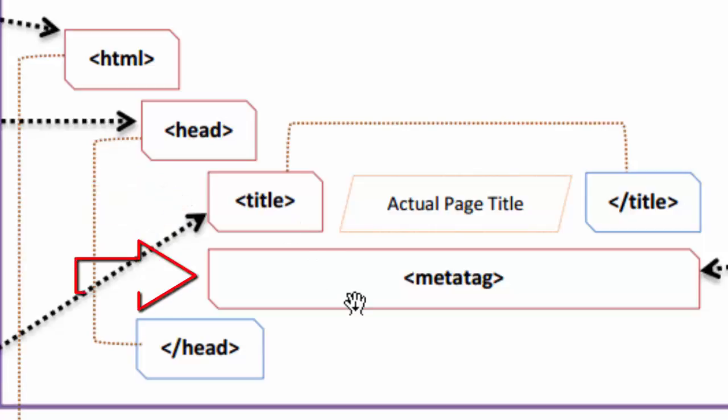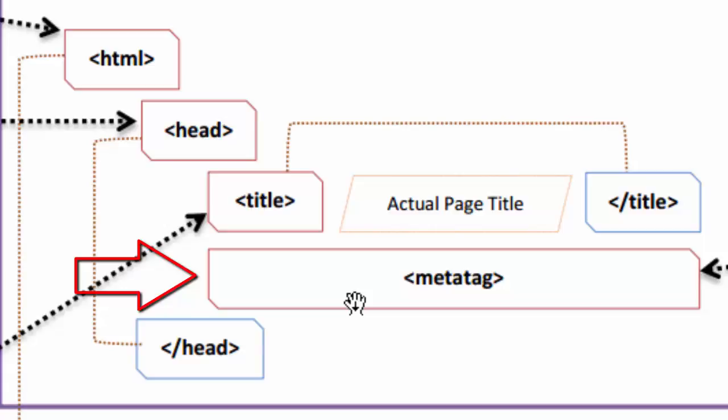It can also contain meta tags, which provide descriptive information about your web page. For instance, a meta tag can contain page keywords, which makes it easier for people to look up your website when they search on the internet.